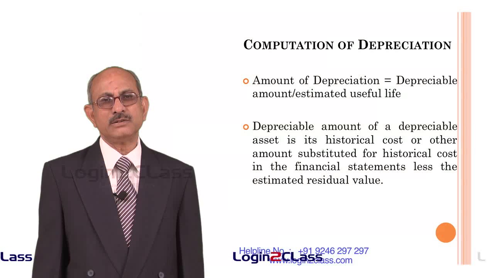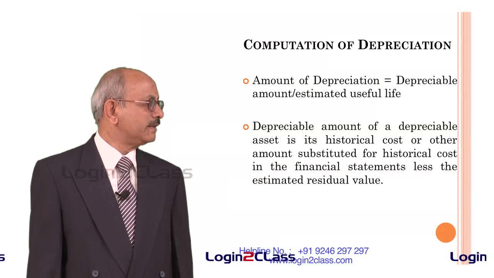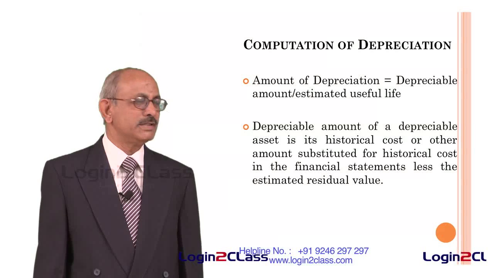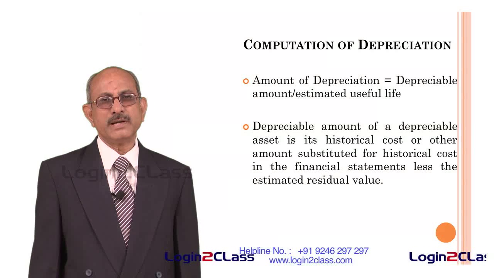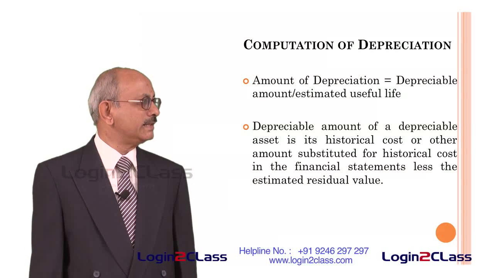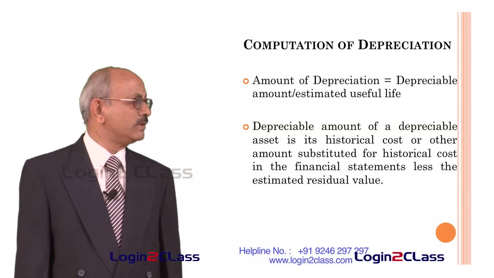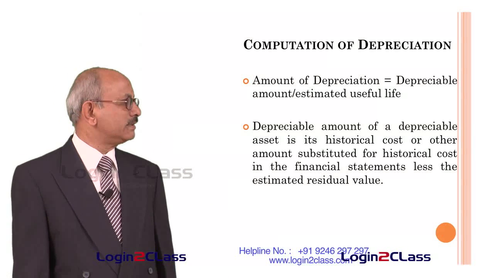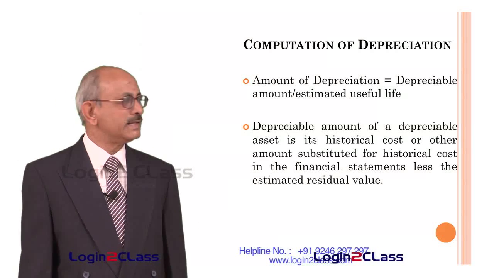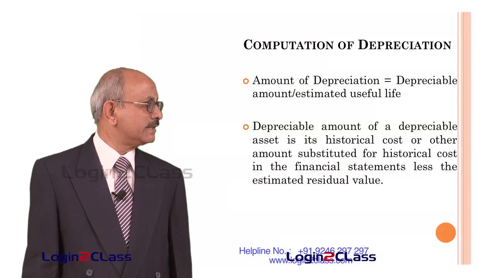For example, if the residual value of an asset is say 1000 rupees, and if the asset has been acquired for 1 lakh rupees, then the depreciable amount of the depreciable asset is 1 lakh rupees minus 1000, that is 99,000. So, the amount of depreciation will be 99,000 divided by estimated useful life. Let us assume that the estimated useful life of the asset is 10 years, in which case the amount of depreciation will be 99,000 divided by 10, that will be 9,900 rupees. That is how the depreciation is calculated.